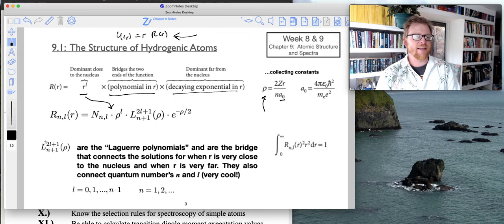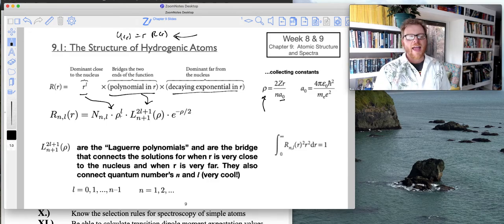This crazy thing, this L to the 2L plus 1, sub n plus L of rho, is called the Laguerre polynomials. This is the bridge that connects the solutions when r is very close or when r is very far away. It also provides the connection for n and L. I know that the notation of this looks fearsome, but it's really not.